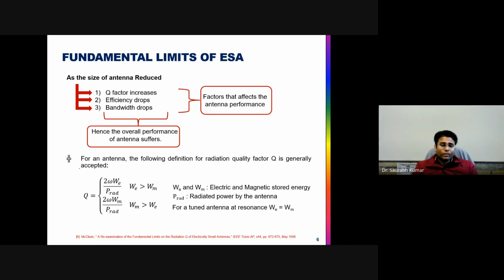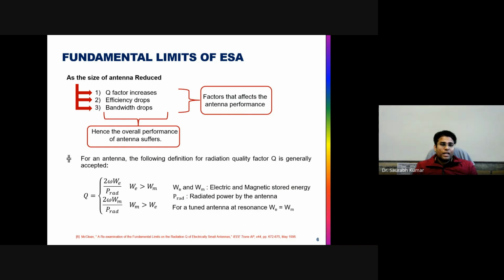So if you come to the quality factor, you can see from here that the radiation quality factor of an antenna is generally given by this equation, 2 times the operating angular frequency ω times WE divided by P radiated, where WE and WM are the electric and magnetic stored energy, and PR is the radiated power.